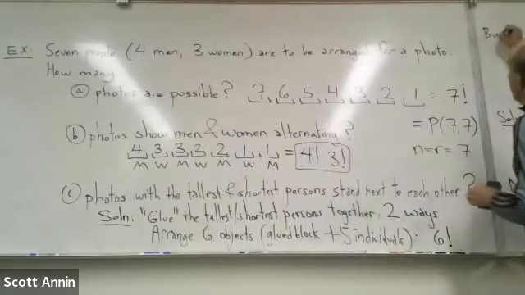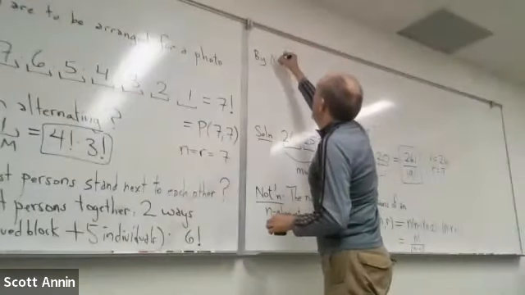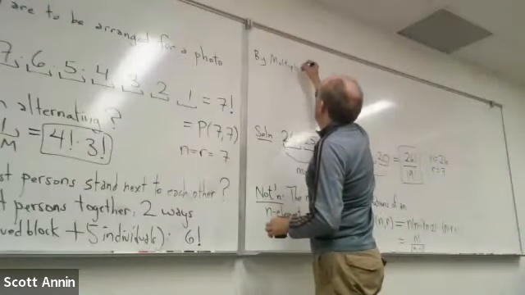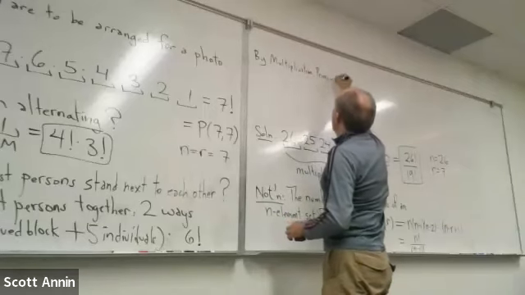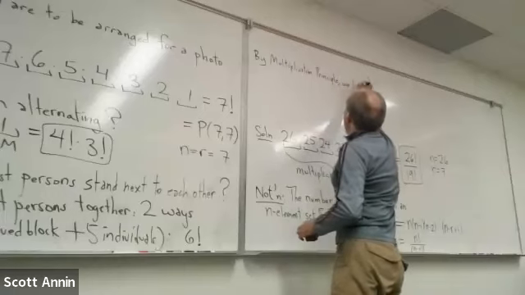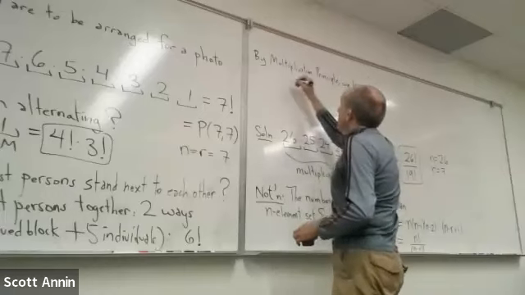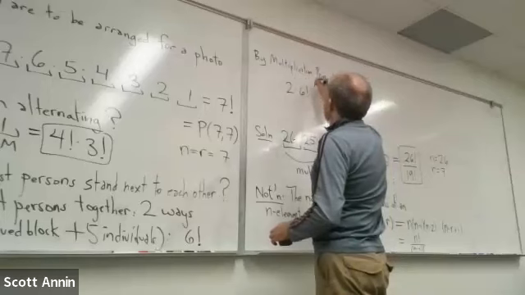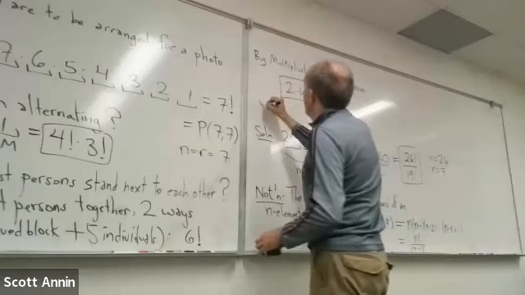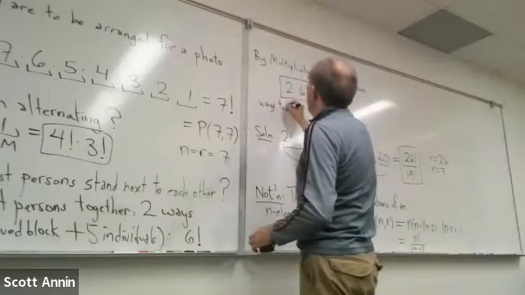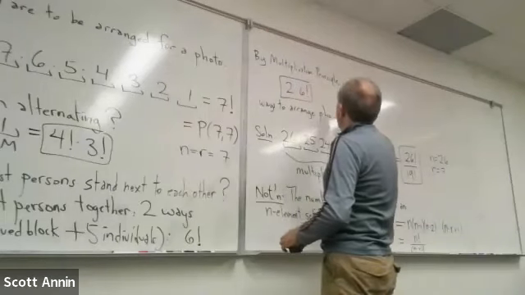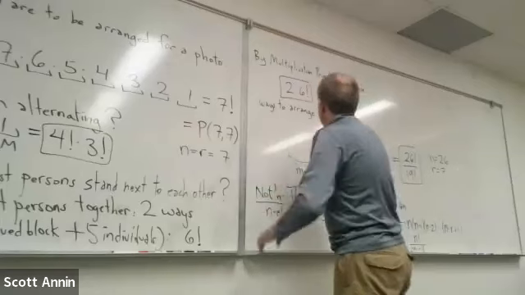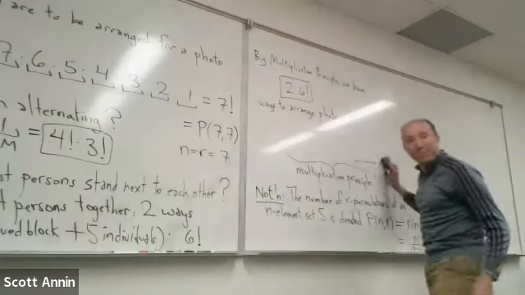So by the multiplication principle, we have 2 times 6 factorial ways to arrange this photo in this case.